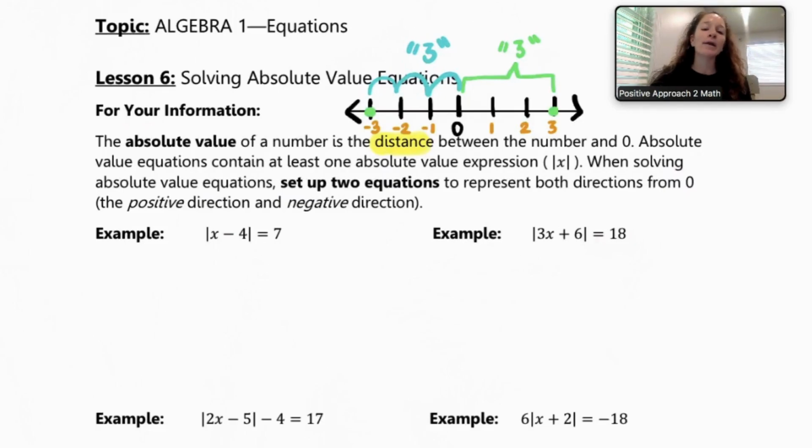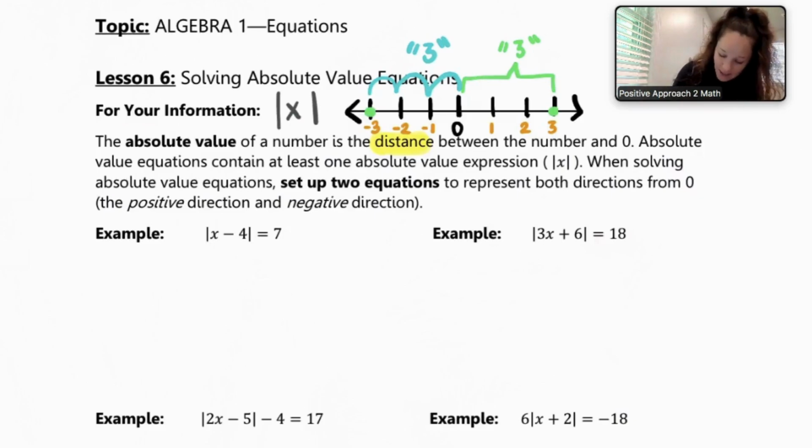So hopefully you recognize that absolute value means we have those bars. When we have an absolute value equation, it means we have at least one set of bars in our equation, with the variable x within those absolute value bars.